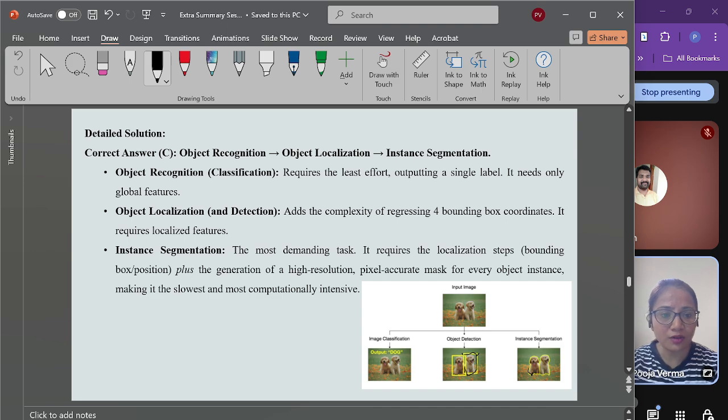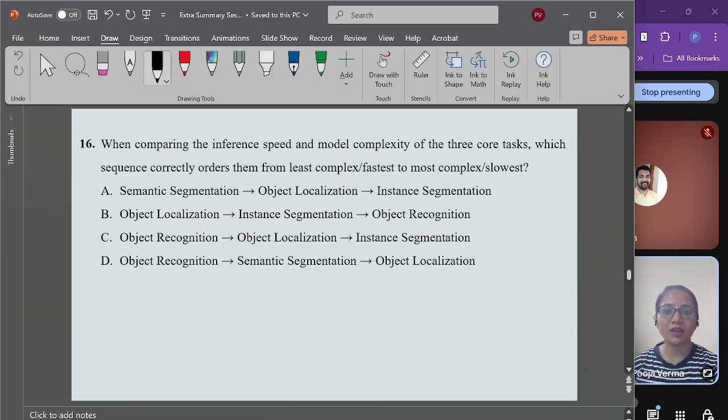So it is much more complex, and it is the slowest and most computationally intensive in terms of inference speed and model complexity. So option C is the correct answer: object recognition, then object localization, then instance segmentation.